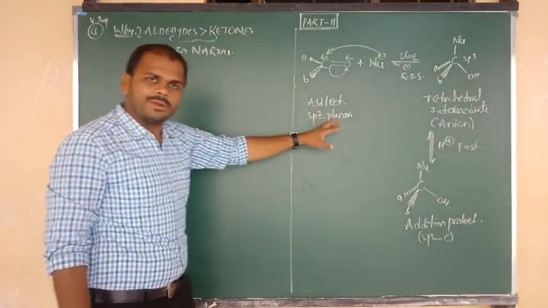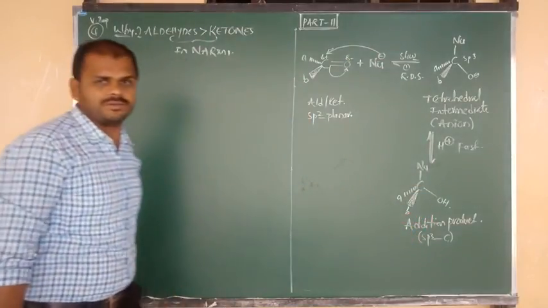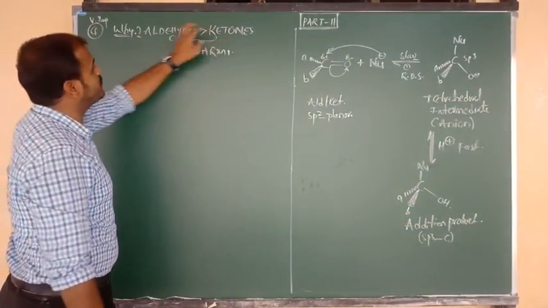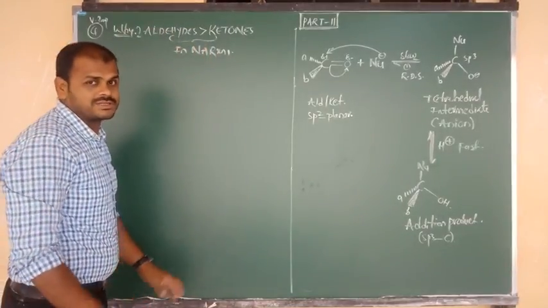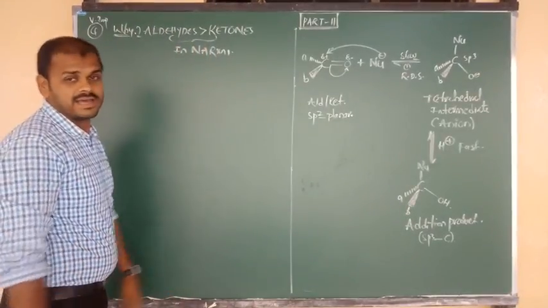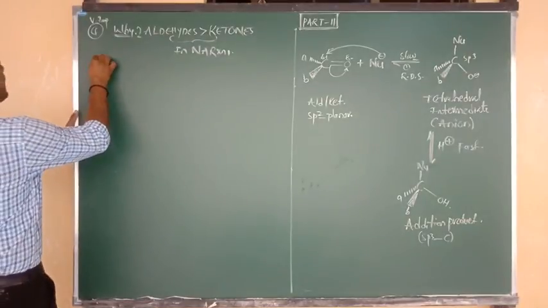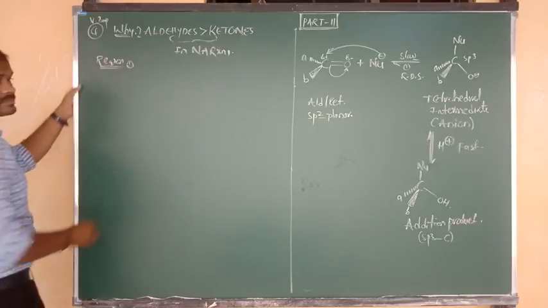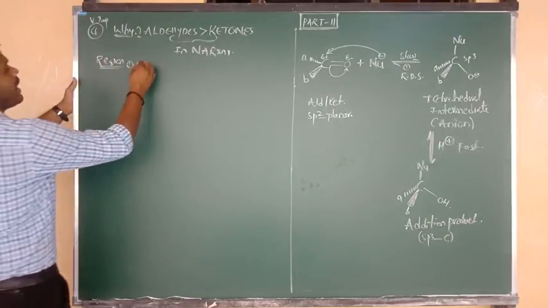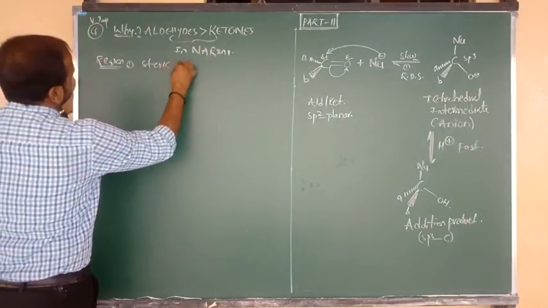Actually, aldehydes and ketones both undergo nucleophilic addition, beta. But as compared to ketones, aldehydes are more reactive in nucleophilic addition reactions. So why are aldehydes more reactive? The reasons here: reason number one is the steric reason, and also we can say steric repulsions.